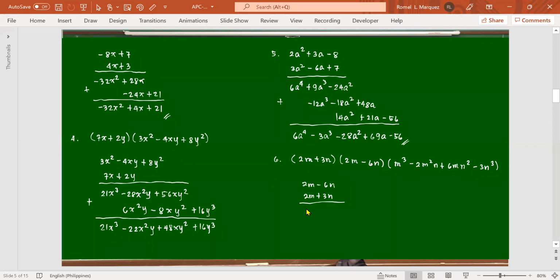Okay? 4m squared, negative 12mn, then positive 6mn, 3 times negative 6, negative 18n squared. This is 4m squared plus negative 6mn minus 18n squared.